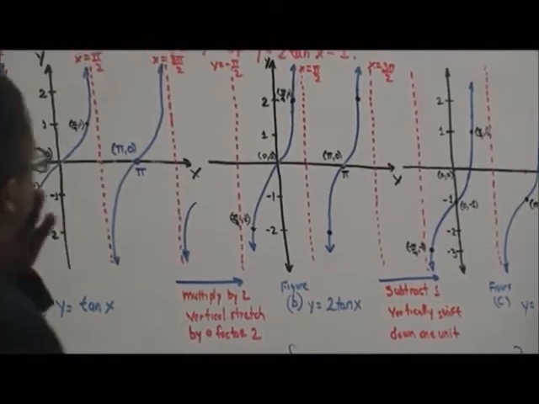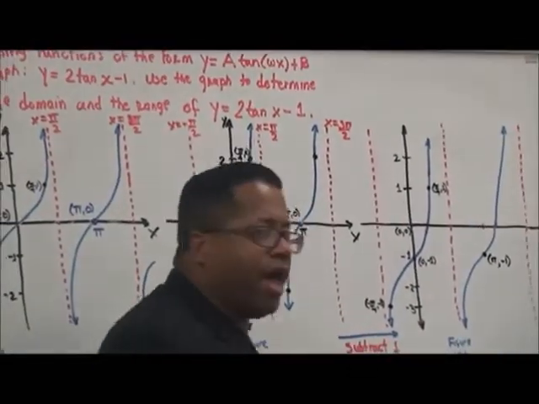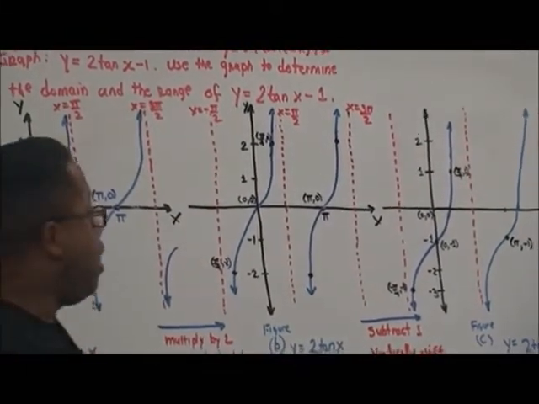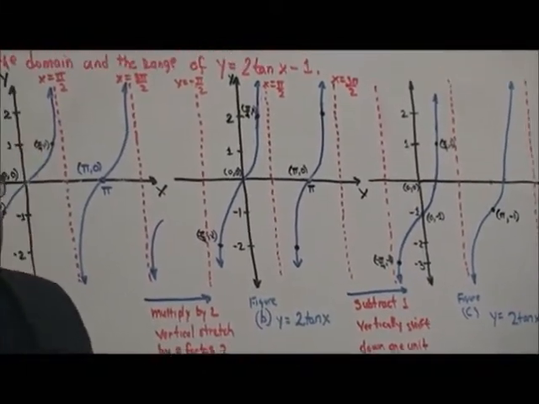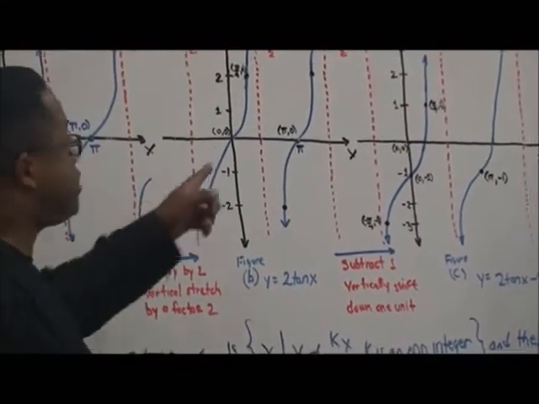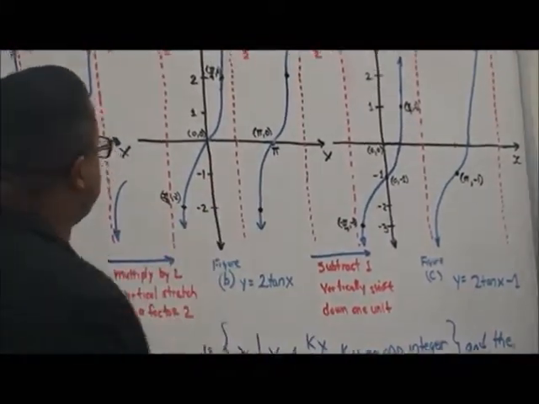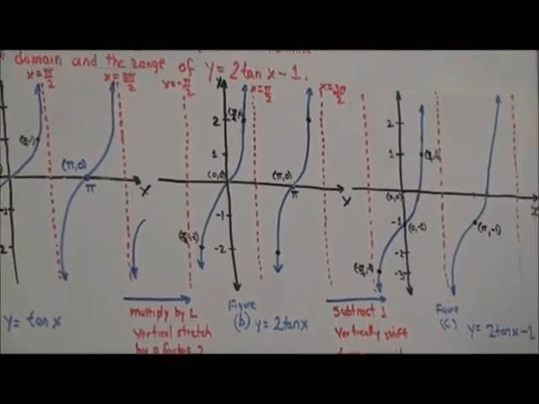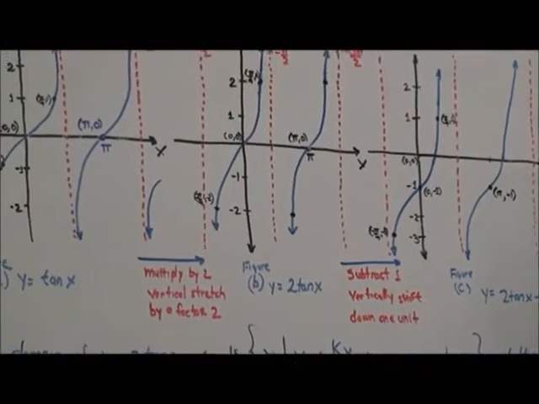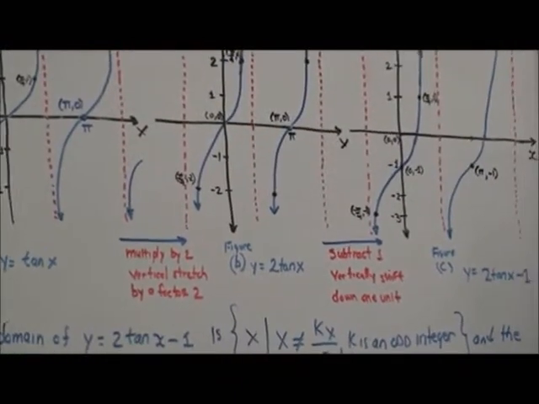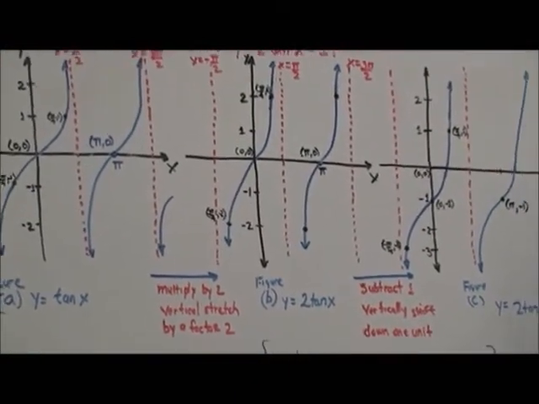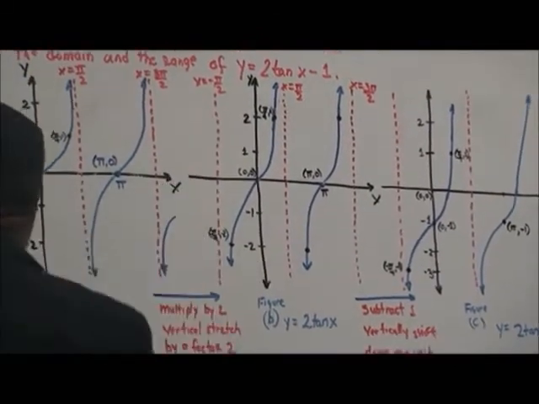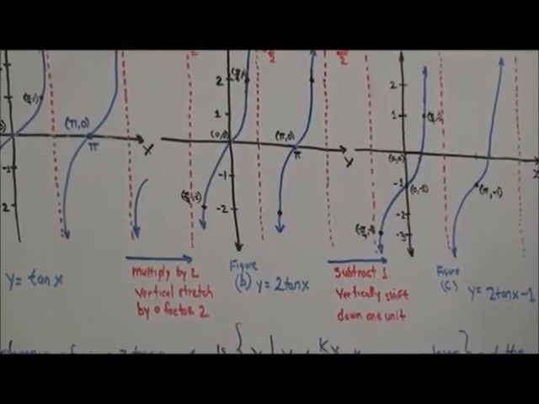It reminds you of the a we used for the cosine and sine functions, but like we said before, for tangent functions, a plays the role of providing the magnitude of the vertical stretch.